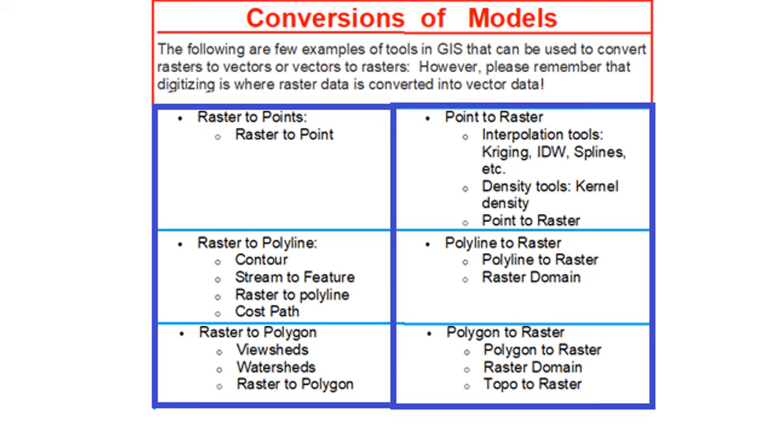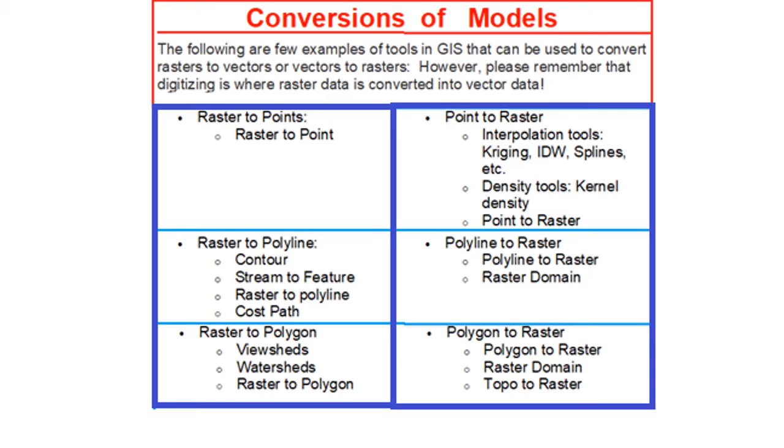Following are a few examples of tools which we use in our GIS to convert from raster, especially if they are points or polyline or polygon, into other kinds of data format. Let us say raster to point, it is only one.